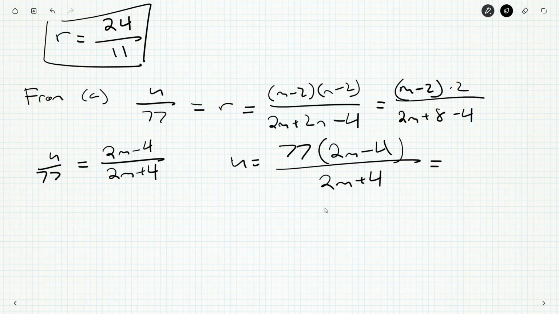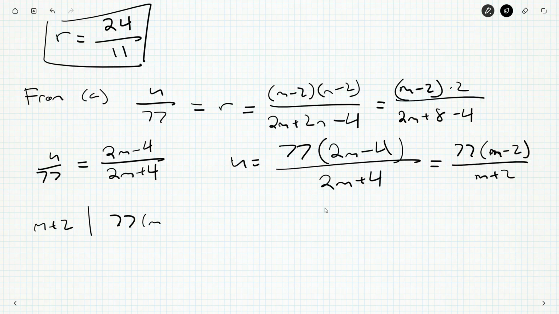Now I can divide top and bottom by 2. I'll get 77 times (m minus 2) over (m plus 2). So that's a little helpful. Now, u is an integer, so we need m plus 2 to divide 77 times (m minus 2).